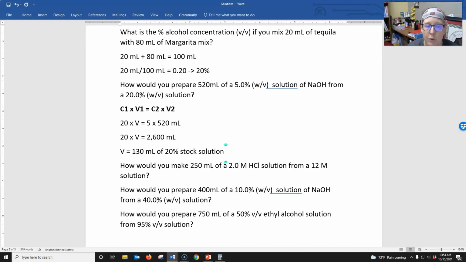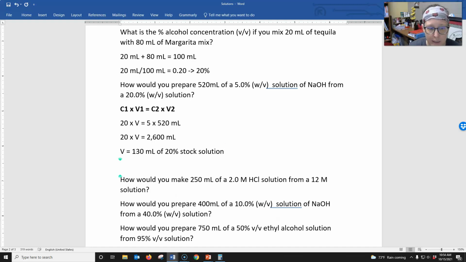But it's asking you how would you prepare it. So first you have to start with 130 mils of that stock solution, and you're going to dilute it. So then you're going to add a diluent, like maybe water, to it. And the way you figure out how much of the diluent you need: you know that your total volume at the end is going to be 520 mils.